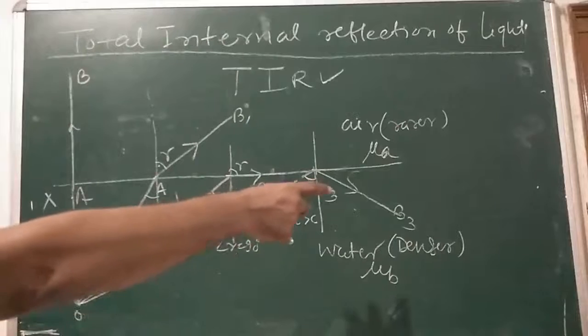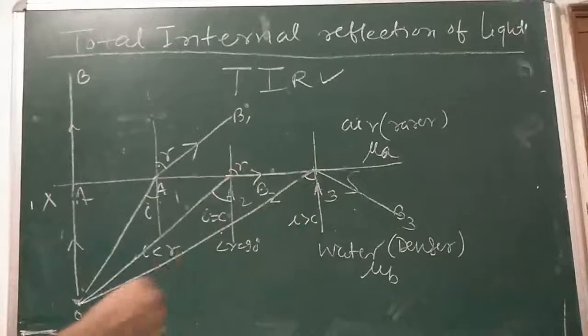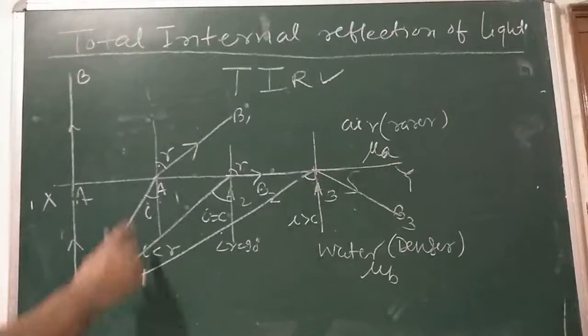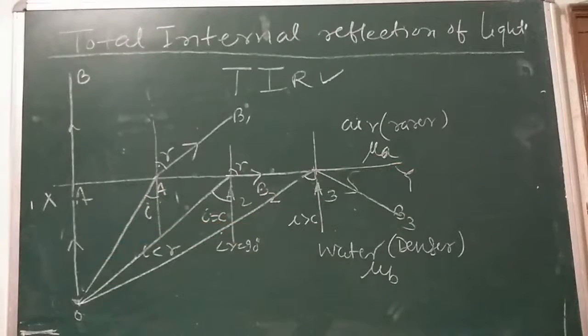It is reflected from this interface XY. This is called total internal reflection. Draw this diagram.